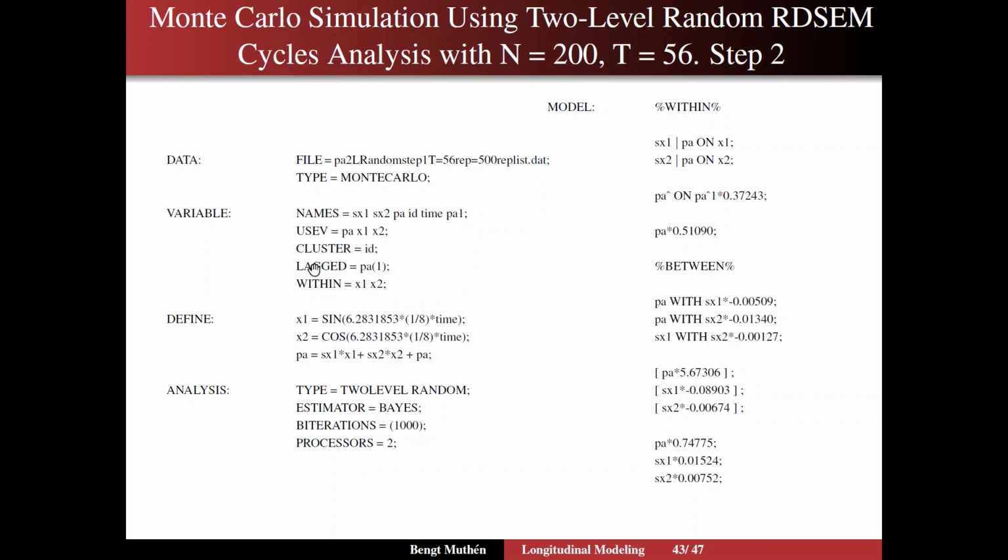Cluster equals ID, lag 1, and we have the cycles on the within level, as we usually do in 2-level analysis. So that time variable then comes back into play in the define statement for X1 and X2. Time sits here. And now we create the real PA variable, the full PA variable. In step 1, we only generated the residual PA variable through the hat statement.